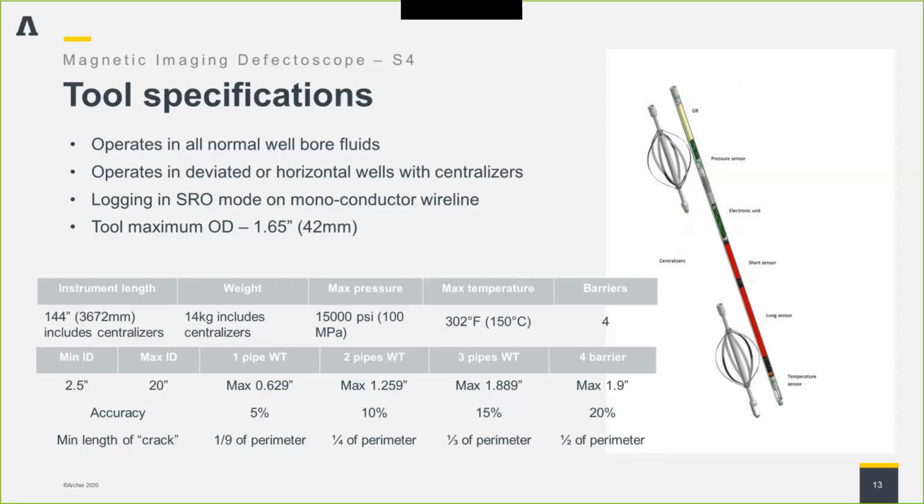I'm sorry, I didn't quite catch the question. It's about calibration between the tubing circumference and this minimum crack that needs to be validated. Yeah, it depends on the size of the tubing that we're looking at. All right. Okay.